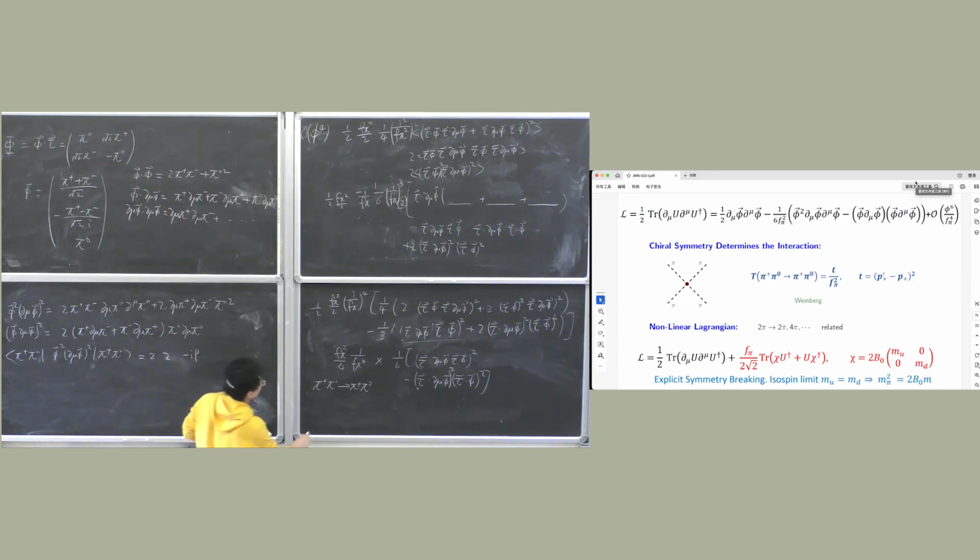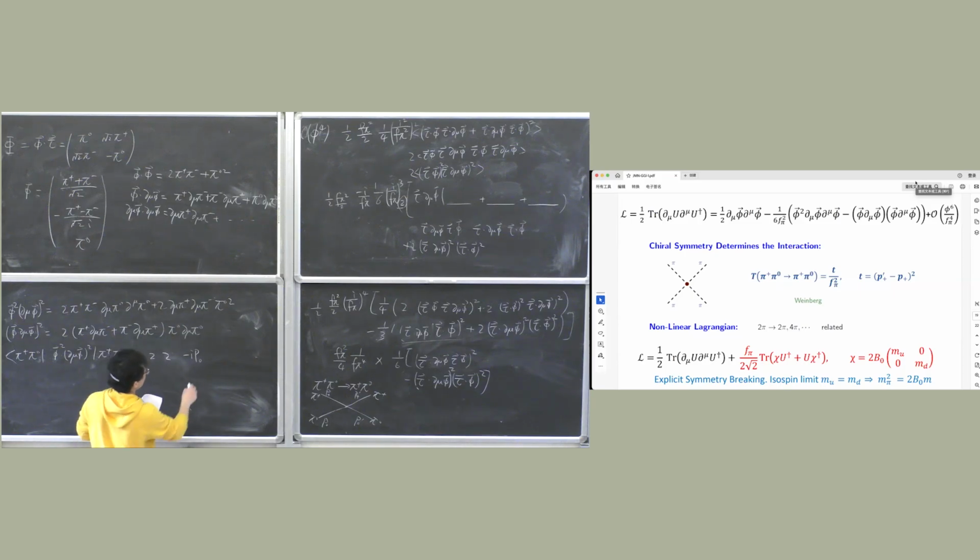For example, we make this convention: pi plus pi 0 to pi plus pi 0, and the momenta are p plus, p0, p plus prime, p0 prime. Okay. So the incoming pi 0 is this one.